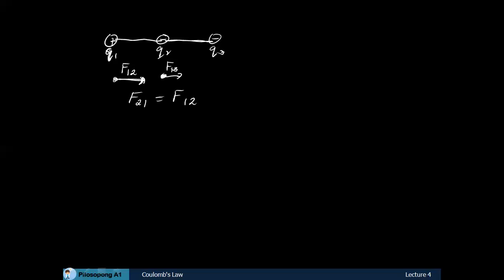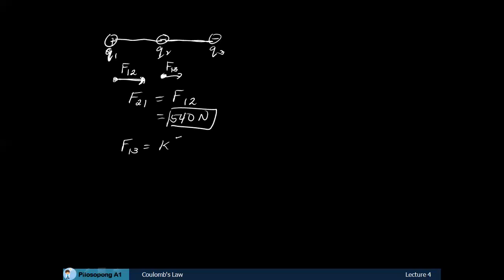So the value of F21 is 540. So this is also 540 newtons. So our only concern here is to compute for the force that charge 1 experienced due to charge 3.